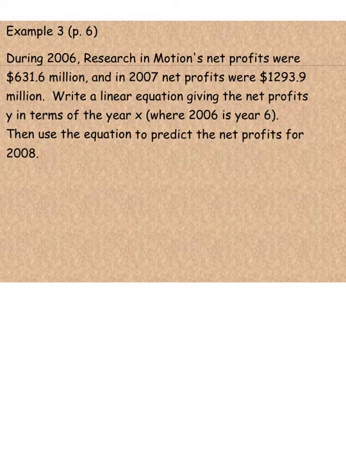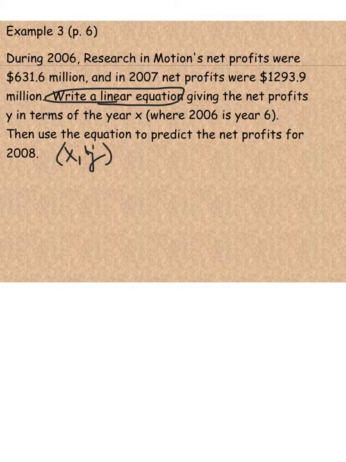Okay, so the information that's given, we need to find the equation of a line. We're writing a linear equation. And when we write an equation of a line, you know that we need a point and a slope. So our point is going to be an x-y coordinate, and in the problem it tells us that x is the year and y is going to be the net profits.